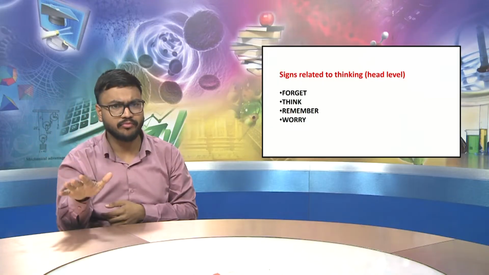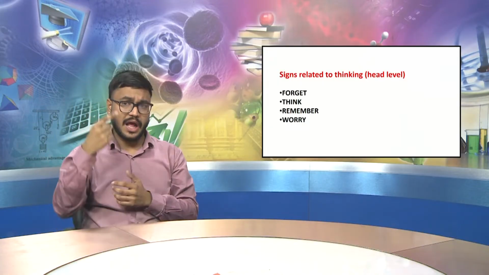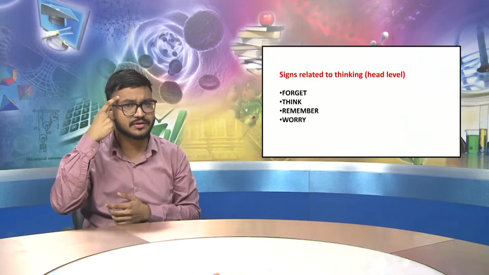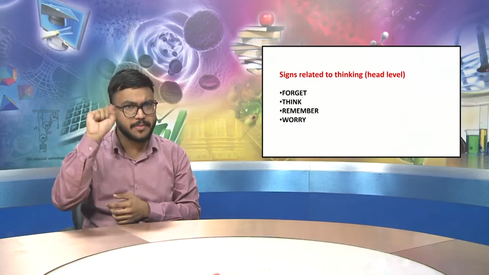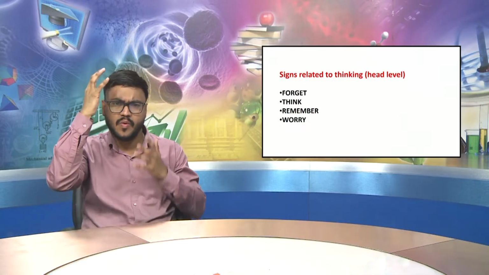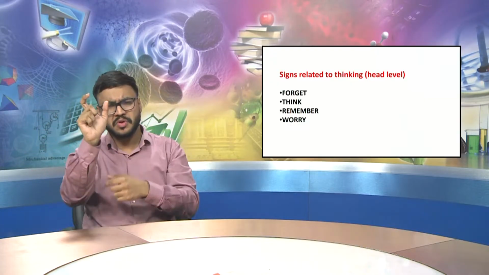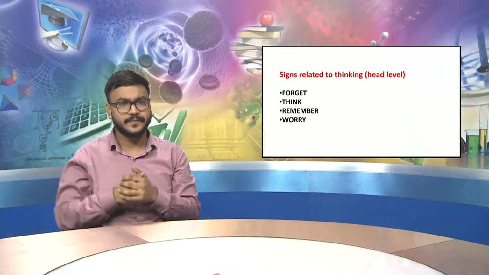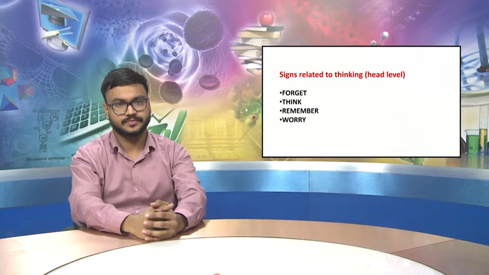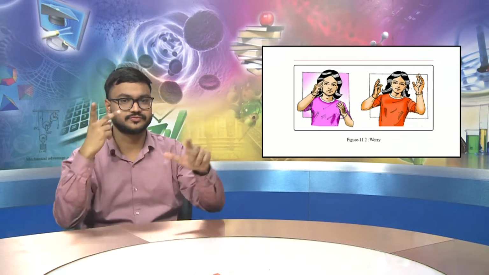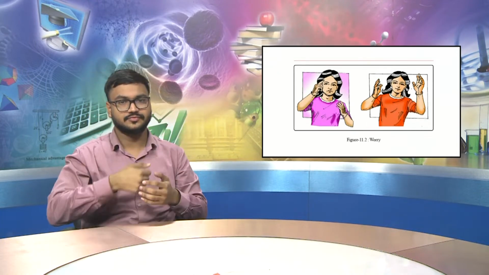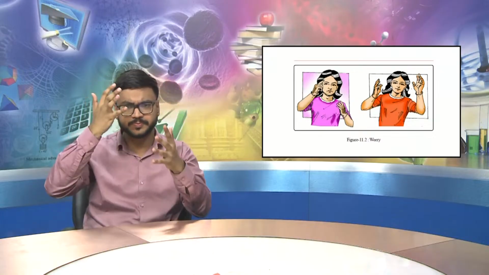Example, we can see about the forgot. And next is think, next is remember, and the last but not least is worry. They all linked with the head level. As you can see on the screen, it is the sign of worry.